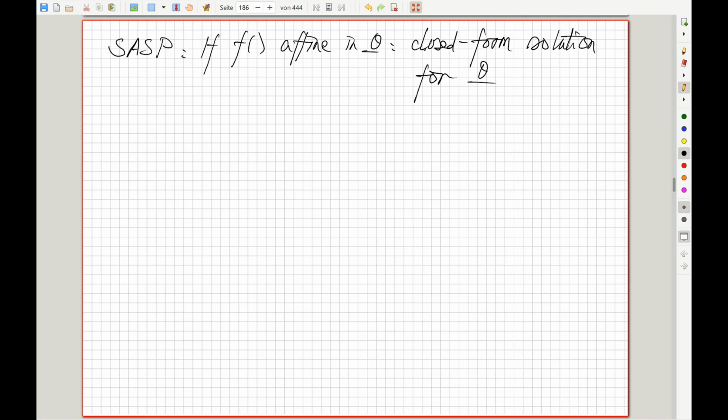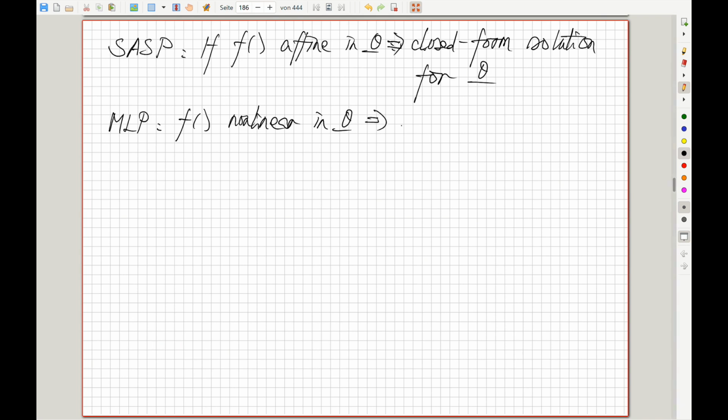But we are dealing with multi-layer perceptrons. We are dealing with deep neural networks with nonlinear activation functions. In this case, our function f is definitely nonlinear in theta. So in this case, there is no closed form solution.